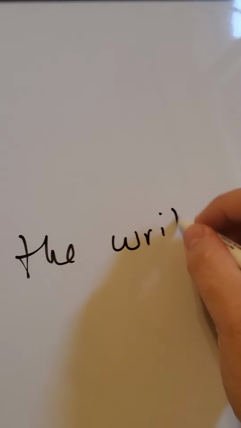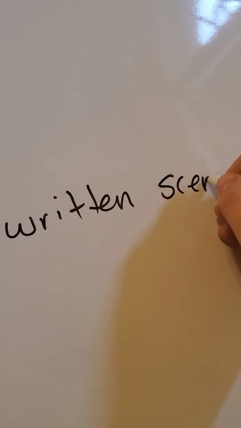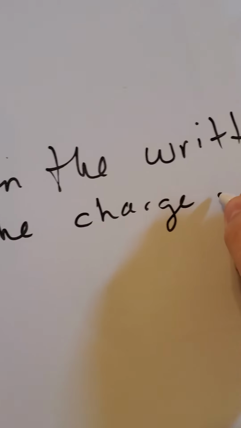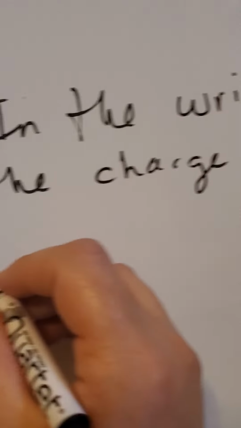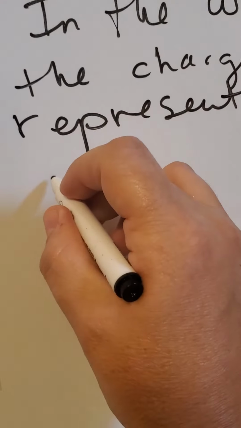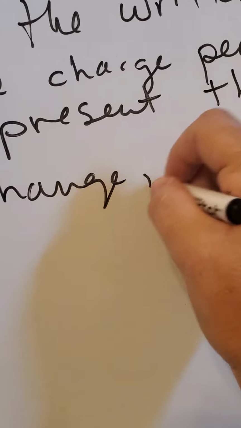So in the written scenario, the charge per kilowatt hour, you can just do the abbreviation, would represent the rate of change or slope.